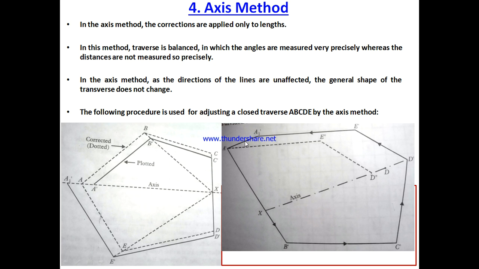If I try to locate the midpoint of the error, suppose it is A, and then join the axis, suppose the axis is D dash, C dash, it might be possible that the axis is not dividing the traverse into two equal halves, as here the line A dash X is dividing the traverse into two equal halves.